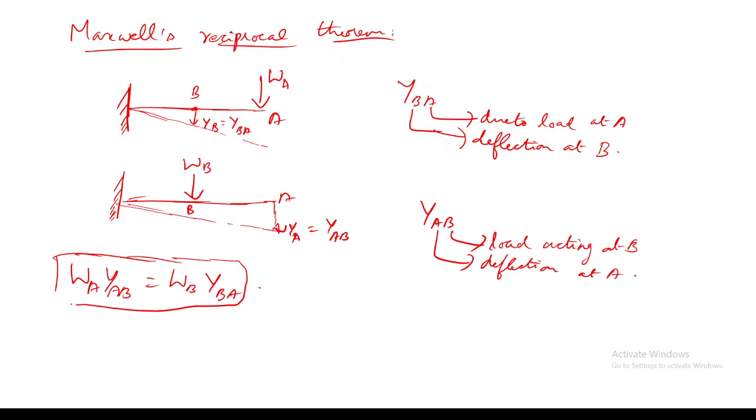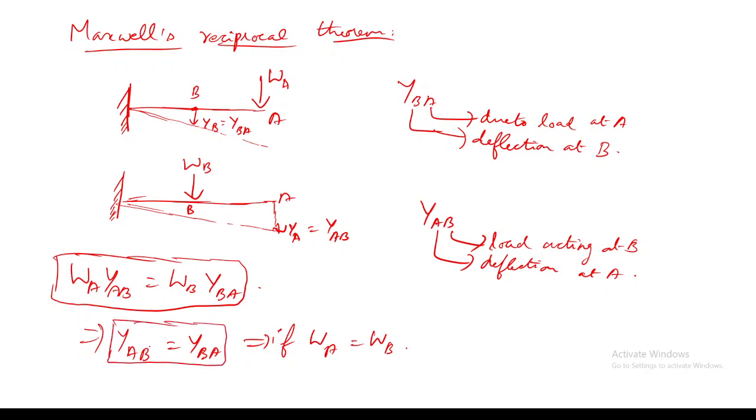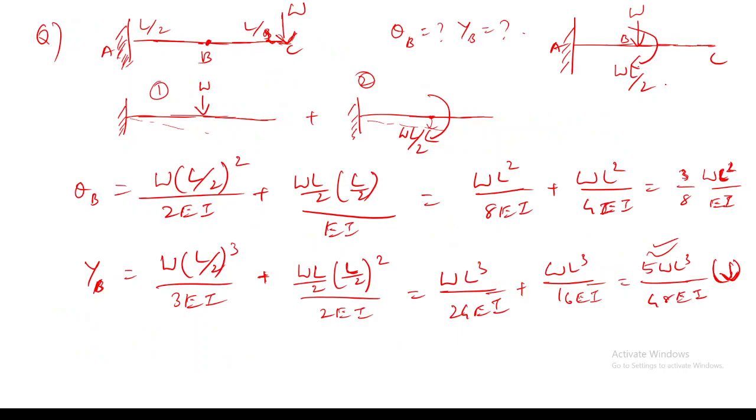And when you have W as equal, then what will happen? YAB equals YBA, if and only if WA equals WB. So this is the thing which we have seen in the previous problem.